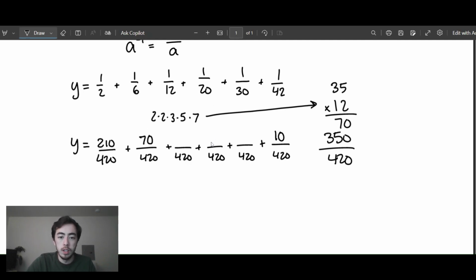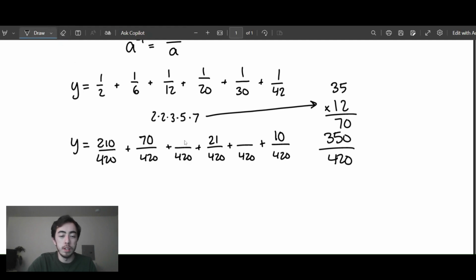Let's see. If I think about it in reverse, 420 over 20 is going to be 21. So I can use that same fact family here and say that I should put a 21 there, I believe. And I'll just keep doing this until I figure out all the numbers I need to put.